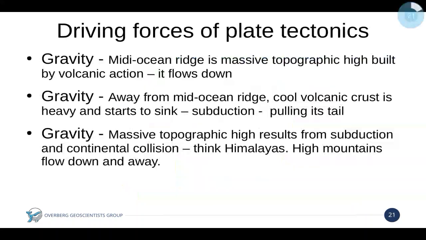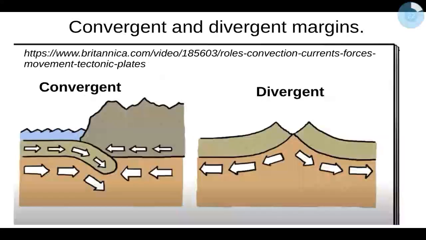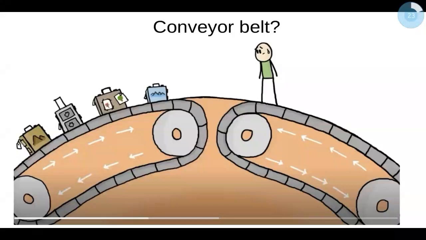Okay. So what are the driving forces? Gravity, mid-ocean ridge, gravity away from the mid-ocean ridge, and gravity again. So there's gravity on the left-hand side, convergent, gravity divergent. It's like a conveyor belt, these plate motions.